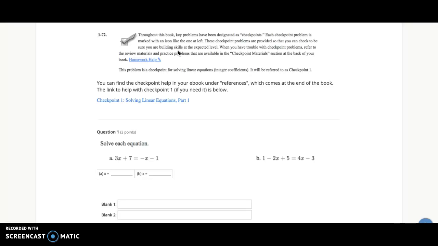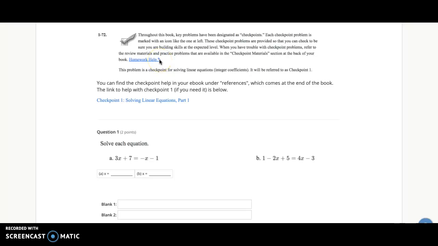So essentially this checkpoint is kind of like another little quiz, but it's basically so that you know at this moment in time, before we finish chapter 1, before we get into chapter 2, which is going to be very important, making sure that at this level you are 100% confident in solving an equation.